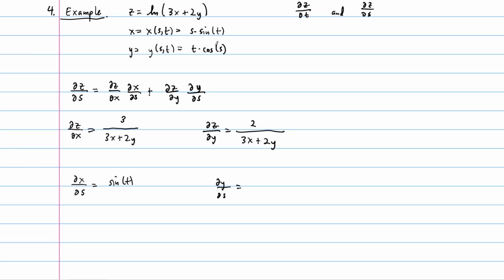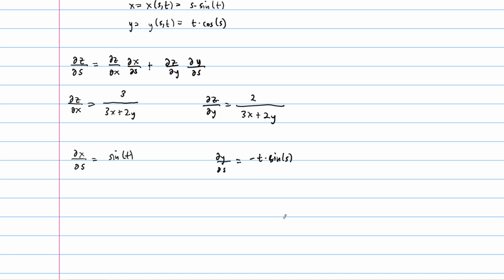Derivative of cosine of s is negative sine of s, so this will be minus t times the sine of s. Those are the two s derivatives, and then we need the t derivatives. So dx by dt, the s is the constant, so that hangs around, and the derivative of sine is cosine. So this will be s times cosine of t. And dy by dt, this time cosine s is a constant and t is the variable, so the t derivative is just cosine of s.